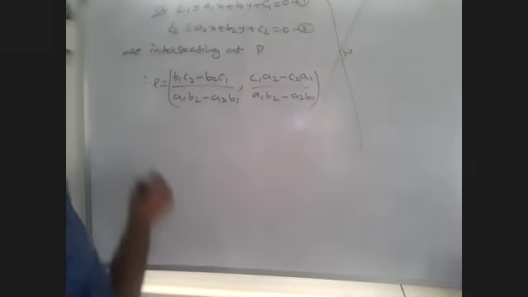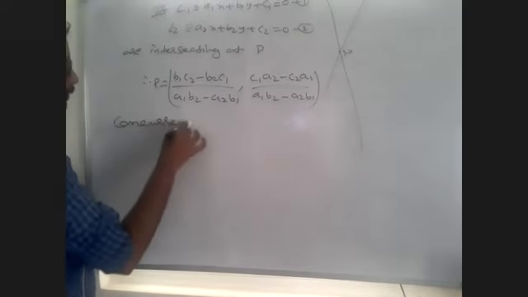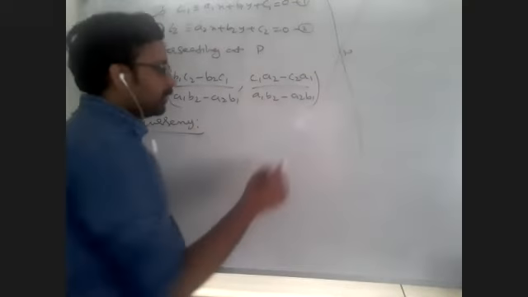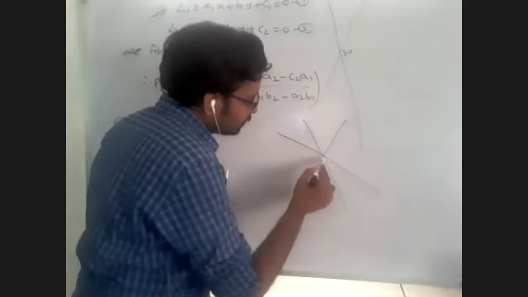In concurrency, concurrent lines mean three or more lines passing through the same point.